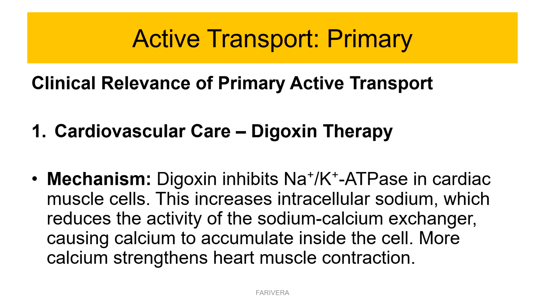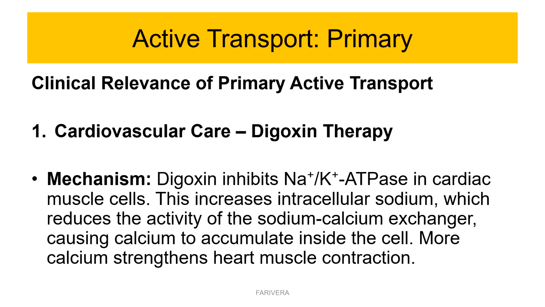To illustrate further primary active transport, we have here our first clinical application, which is digoxin therapy. Digoxin affects the sodium potassium ATPase in cardiac muscle cells. When the sodium potassium pump is inhibited, sodium begins to accumulate inside the cardiac cell.